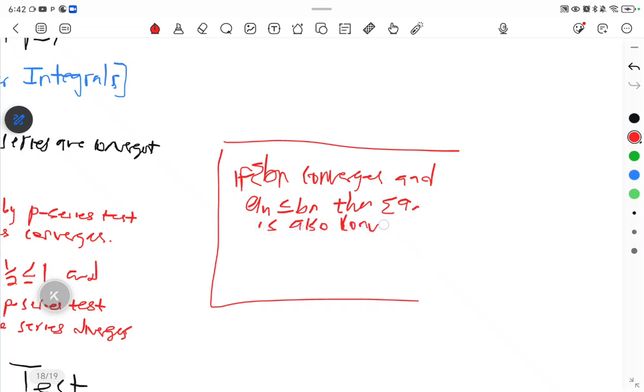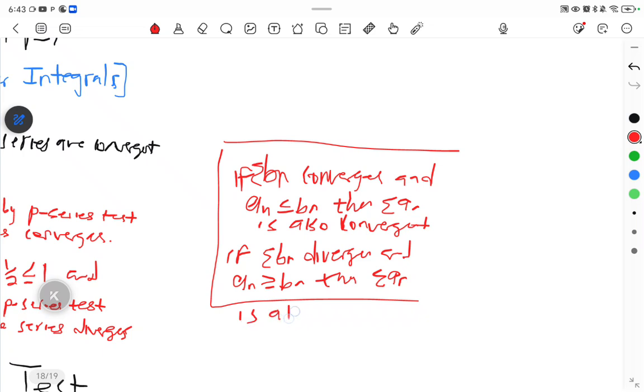You see, right? Then they also say that if this bn diverges and now it becomes the opposite, an being greater than bn, then the summation of an is also divergent. So we can use this theory.